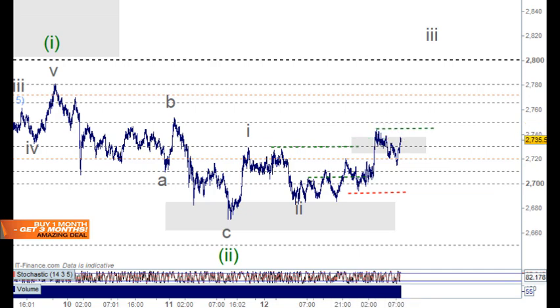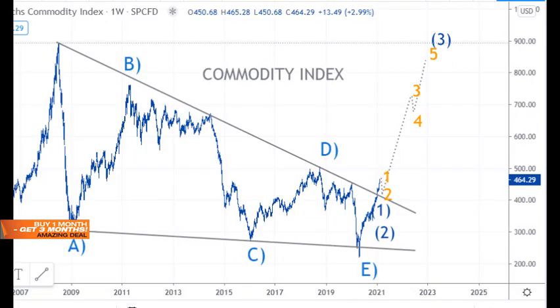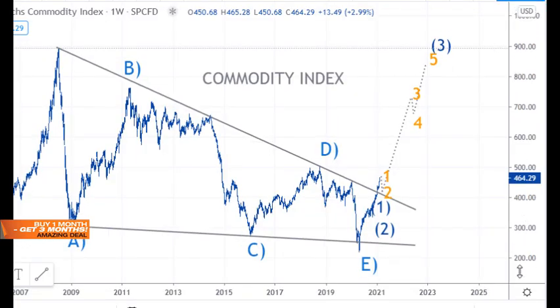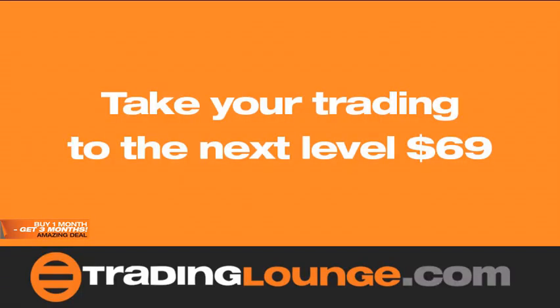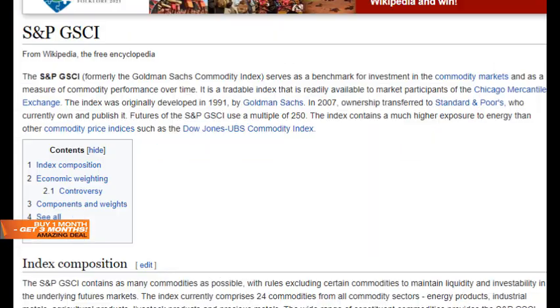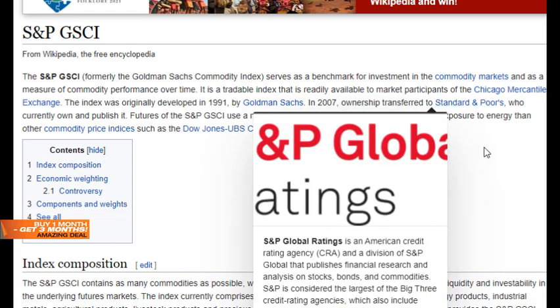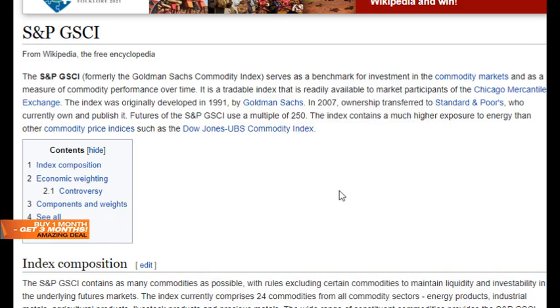I also want to have a look at the Goldman Sachs Commodity Index, which is this one here. Before I talk about that for a moment, they started it back in 91, and then they sold it over to Standard & Poor's, and they've been running it.